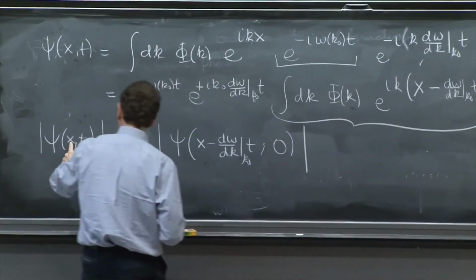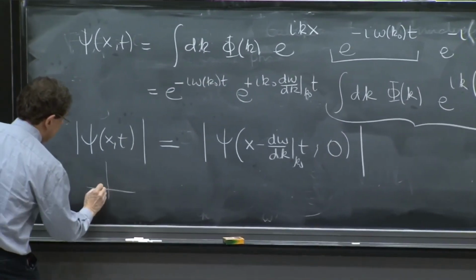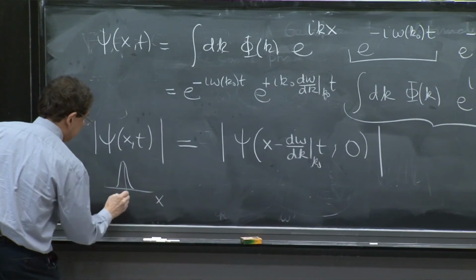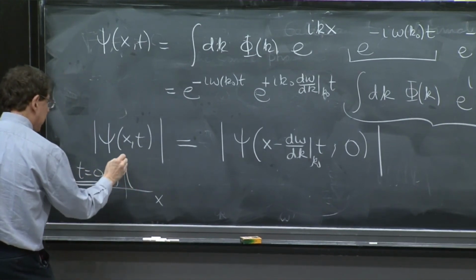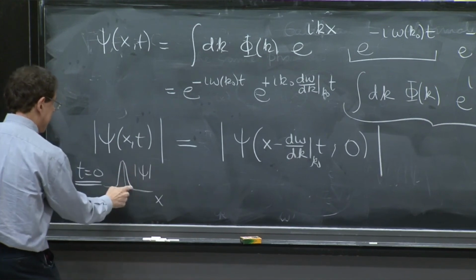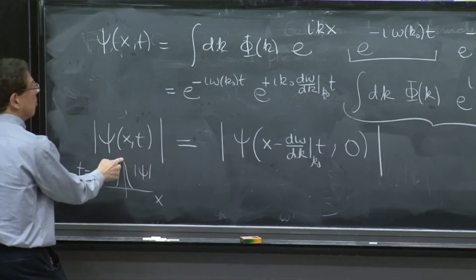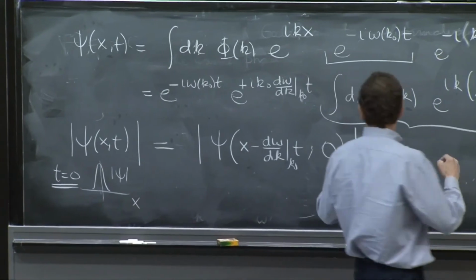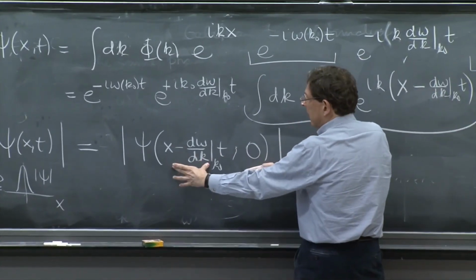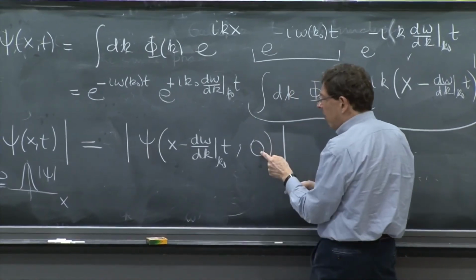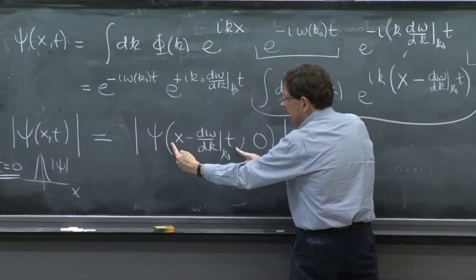If psi had a peak at x equals 0 at time equals 0, then this function, which is the wave function at time equals 0, will have a peak when the argument is 0.